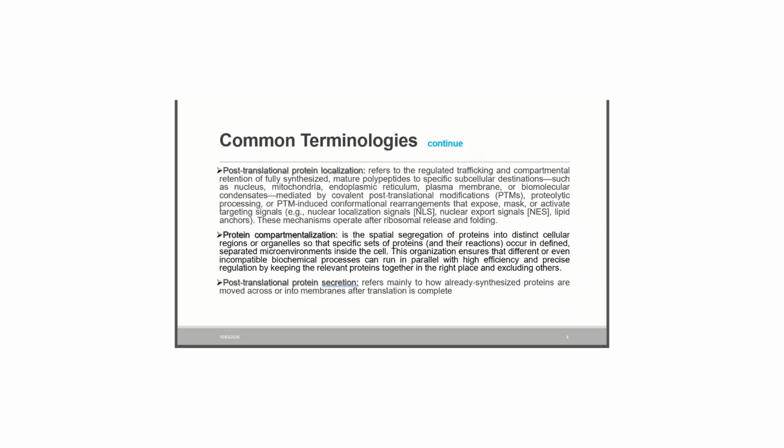And this is usually mediated by covalent post-translation modification. So even for the protein to reach its final destination, it has to pass through the post-translation modifications that are specific to a certain protein. Of course, these mechanisms operate after ribosomal release and folding of the proteins.